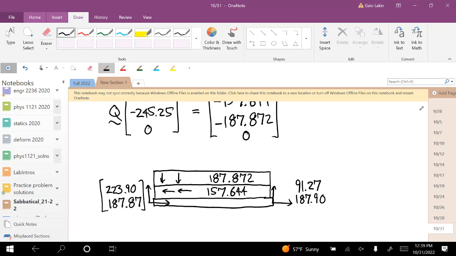And now we have an internal loads calculation. The key thing to notice is that the horizontal part of the distributed load doesn't produce any moment. So for the moment calculation, we're only dealing with the vertical, but it does produce a force.